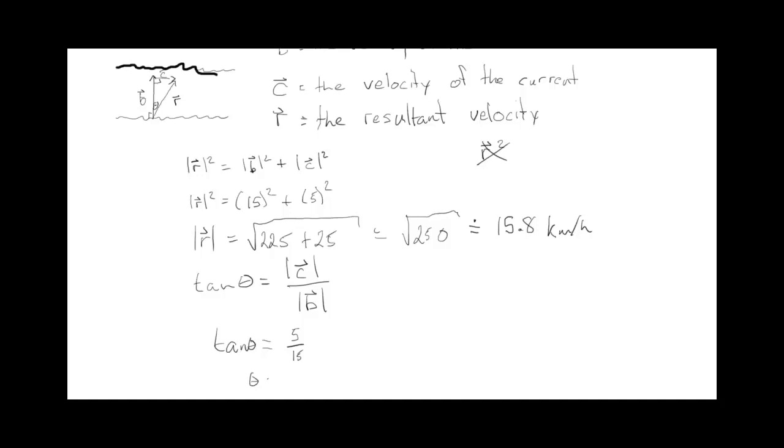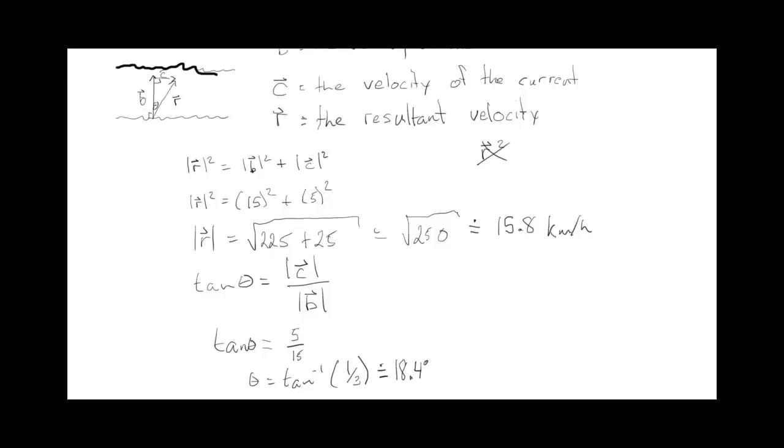So theta equals the inverse tan of 5 over 15, which reduces to 1 over 3, which is approximately 18.4 degrees. Okay, so we know that the angle here is 18.4 degrees.